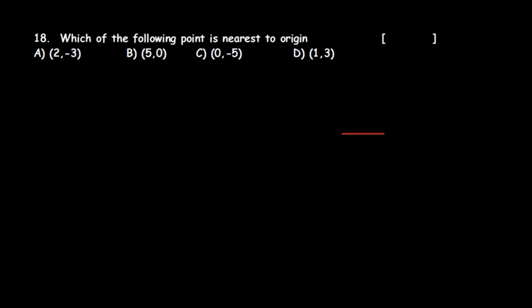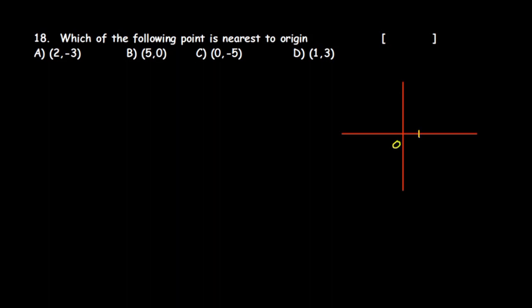Which of the following points is nearest to the origin? There are different types of methods to check whether it is nearest to the origin or not. One of the finest methods I am taking here is that the coordinates I have drawn and this is the origin.